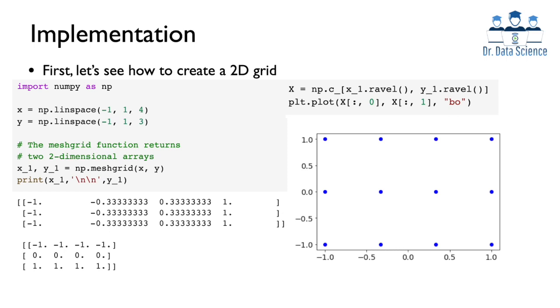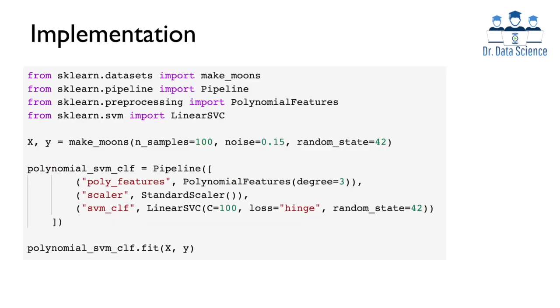So this means that now I can train a support vector machine and use this two-dimensional grid to figure out which class each data point belongs to. So finally, for the main implementation part, you can see here we are using the make_moons data set.